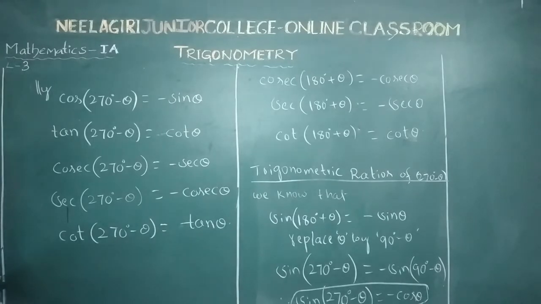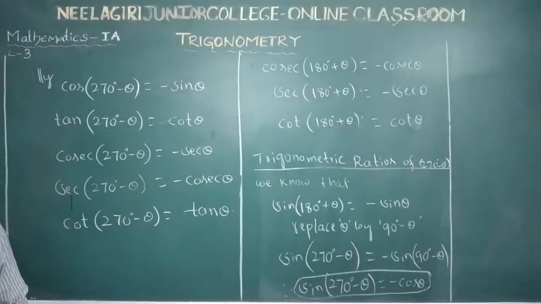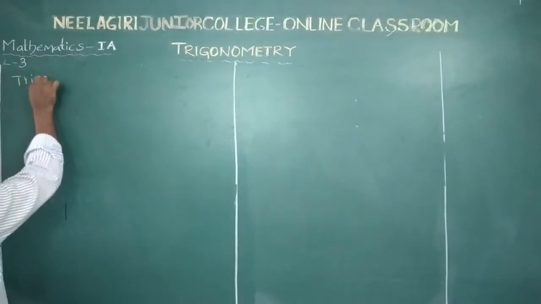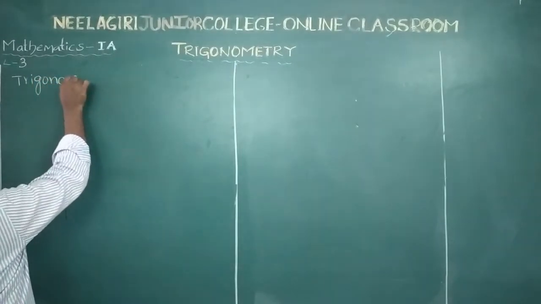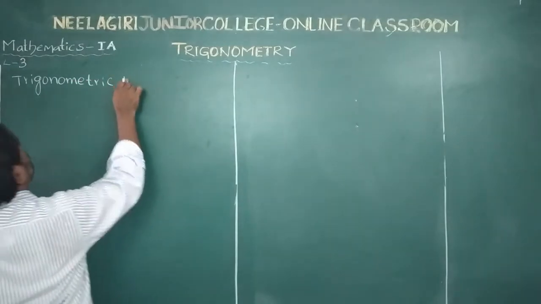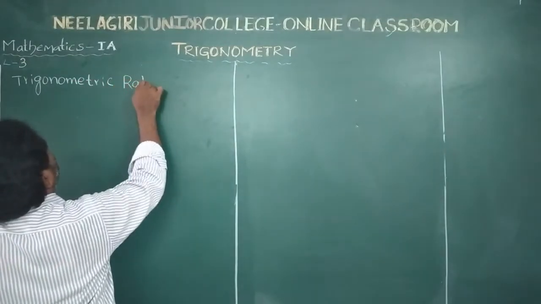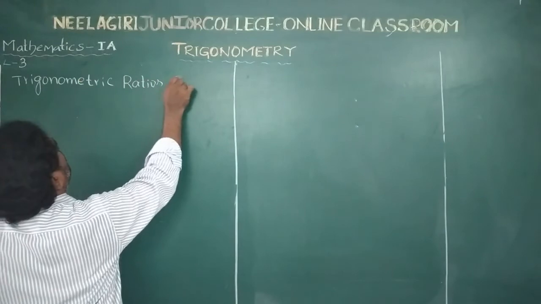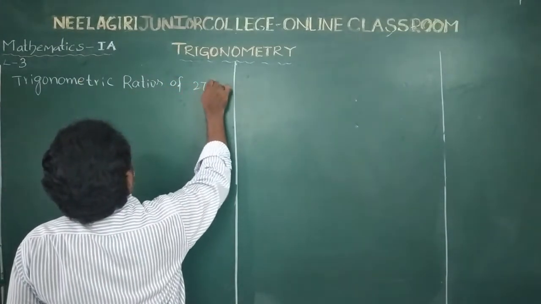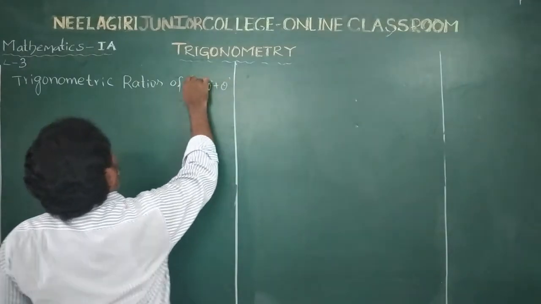Let us see the continuation. Our continuation is the trigonometric ratios of 270 plus theta. Ratios of 270 degrees plus theta.